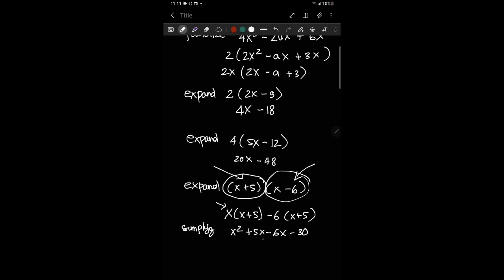Now, the next question. Can we simplify this? Yes, we can. Look, are there any similar terms in this expression? Yes. Look at the middle ones here. The format is the same, right? Like 5x, a number with x, and negative 6x, a number with x. So those are similar terms.